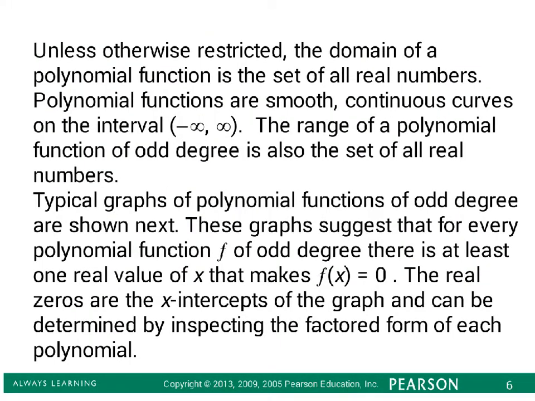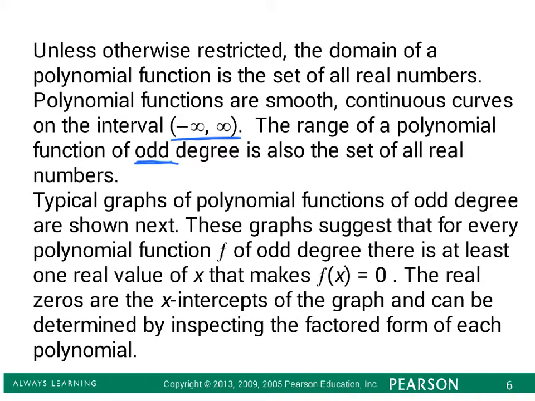On this page here, what is stated are things about the domain and ranges of polynomial functions. So unless otherwise restricted, the domain of a polynomial function is the set of all real numbers. And then this right here means the same thing. It's on that interval, negative infinity to infinity. The range of a polynomial function of odd degree, something that we're looking at a little bit further into this section, is odd degree and even degree functions.